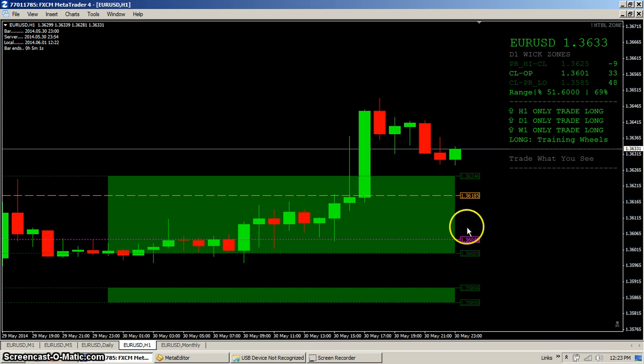So what I was going to do was write an indicator to show what happens when the price breaks out of the top of the top zone and the bottom of the bottom zone. I'd actually written an indicator back in 2010 that shows that, but I had to modify it slightly.